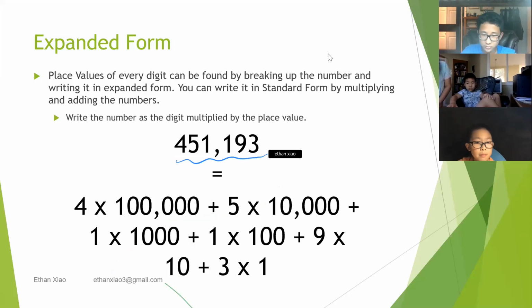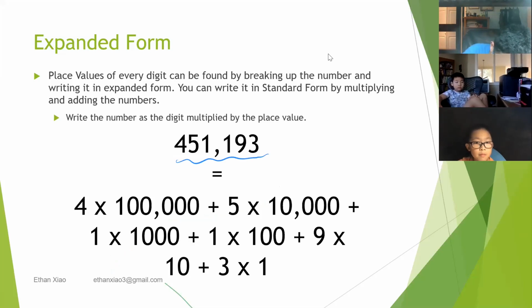First I'm going to take this number, which is 4, and find its place value. I'm going to count the number of spaces left from the 3, which is the ones digit. 1, 2, 3, 4, 5. This is 5 spaces left of the ones digit, so it's going to be the 100,000s place value.